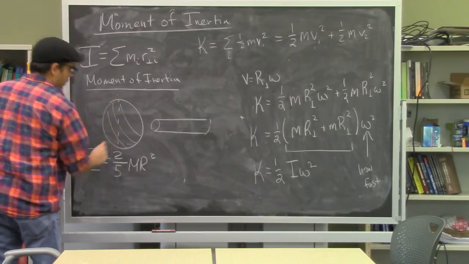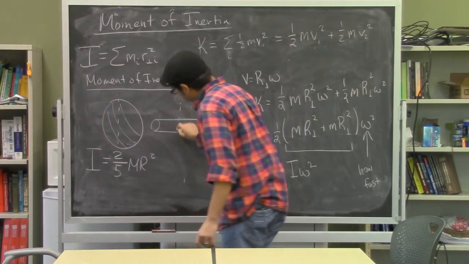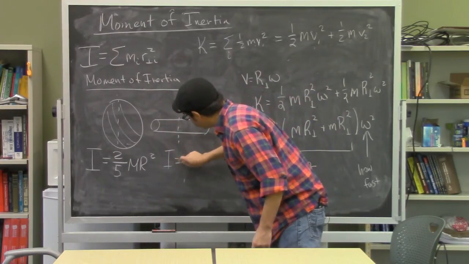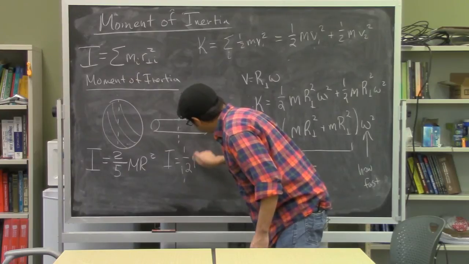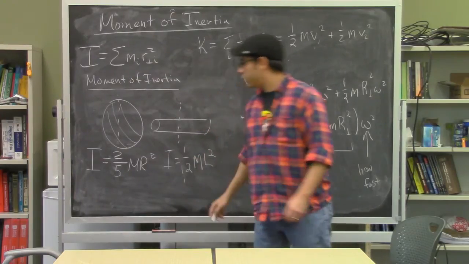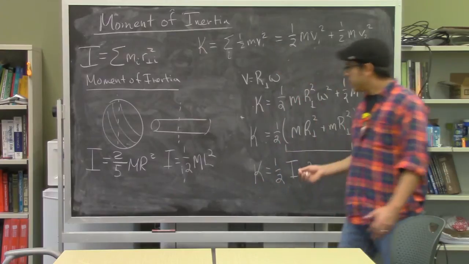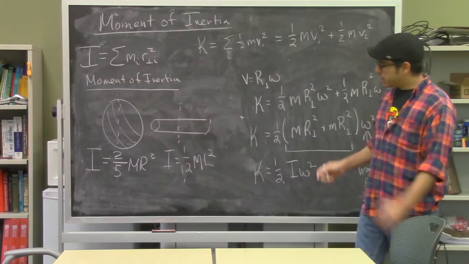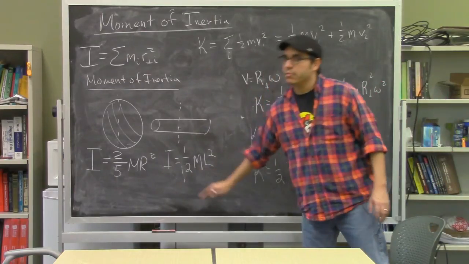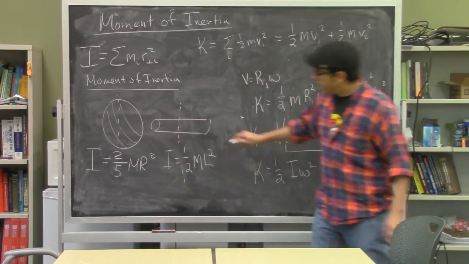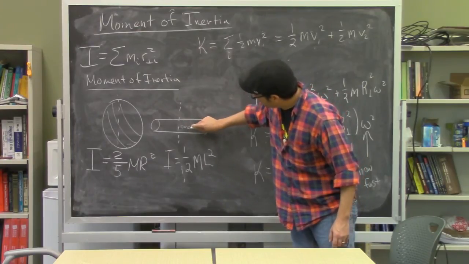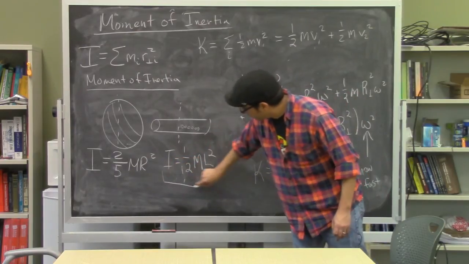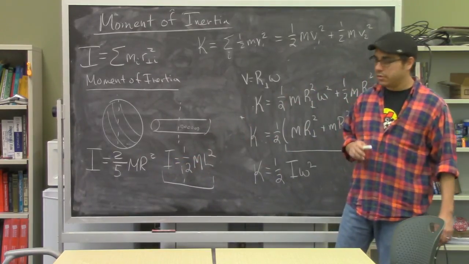That's rotating the sphere about its center, whereas rotating a very thin rod about its center has a moment of inertia of 1/12 the mass of the rod times the length squared. So we can think about the kinetic energy of these really large bulk objects when they are rotating because we have this concept of moment of inertia. If we didn't, we would have to add up all the kinetic energies due to all the little atoms inside. But because we can describe it in terms of the moment of inertia, it is much simpler to do.